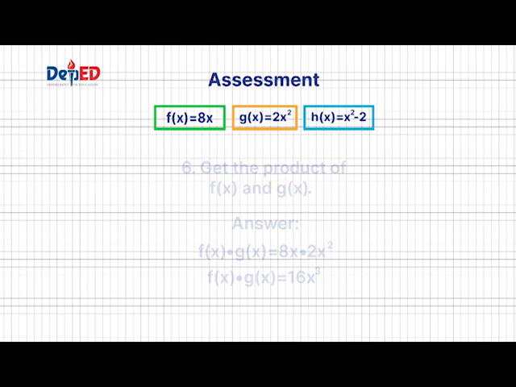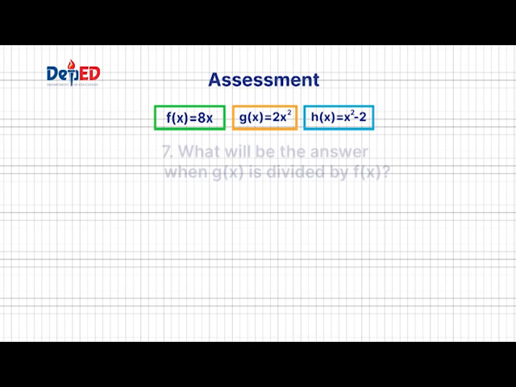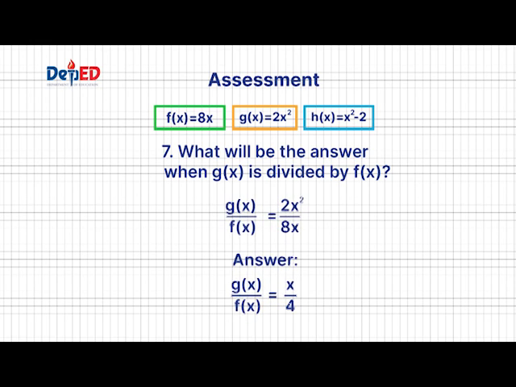Let us have number 7. What will be the answer when g of x is divided by f of x? Their quotient is x over 4.